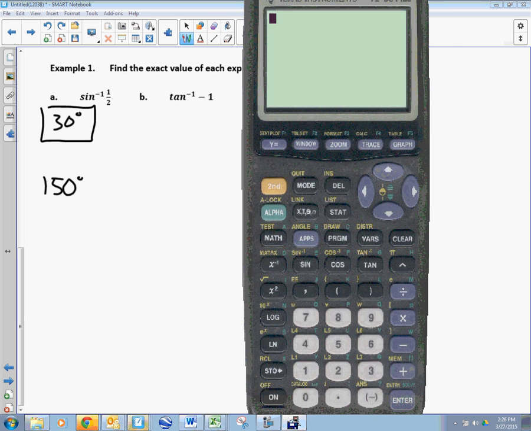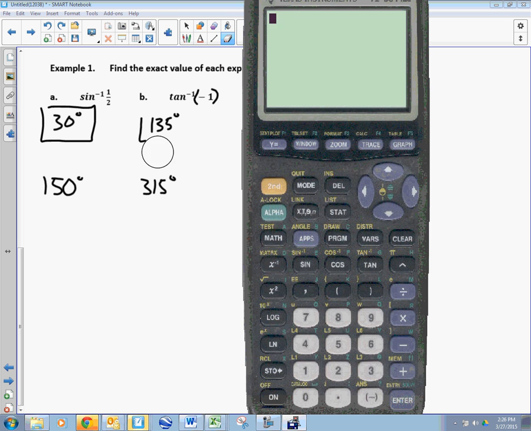Tangent inverse of -1. Where is tangent equal to -1? Yeah, 135 and 315.